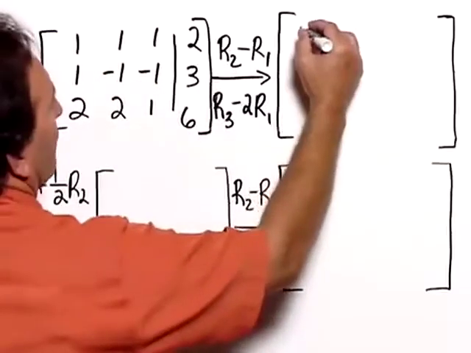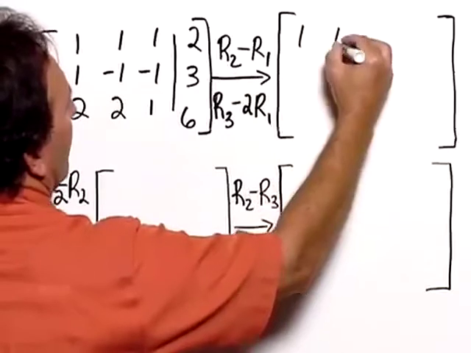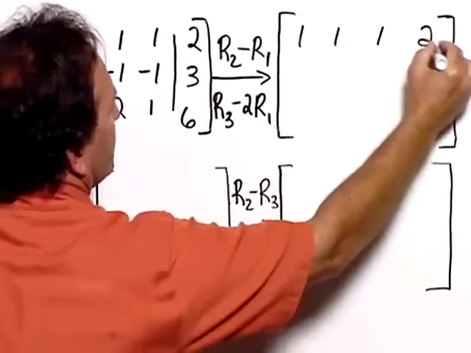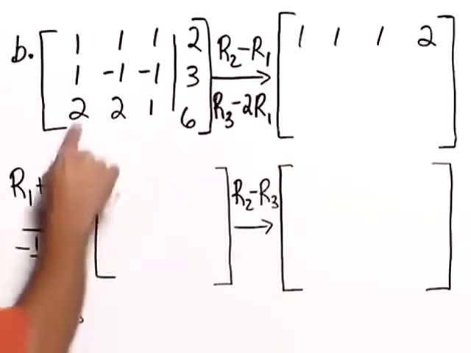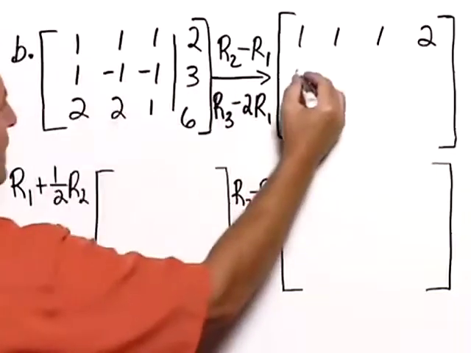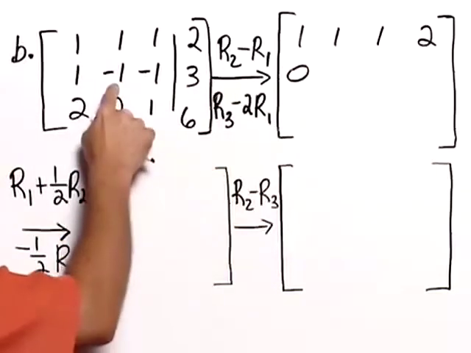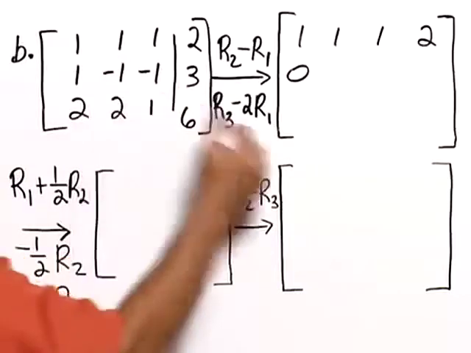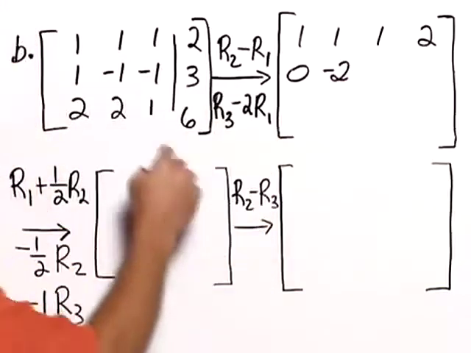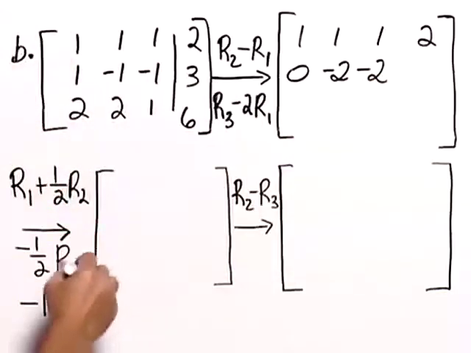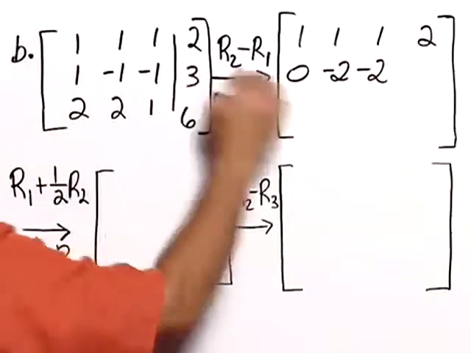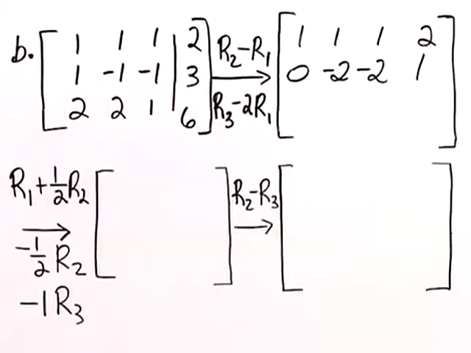So let's write row 1: 1, 1, 1, 2. Now, row 2 subtract row 1. So it's 1 minus 1, which is 0. Negative 1 minus 1 is negative 2. Negative 1 minus 1 is negative 2. And 3 minus 2 is positive 1.